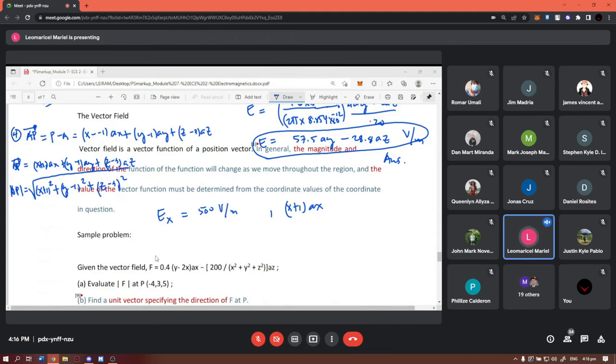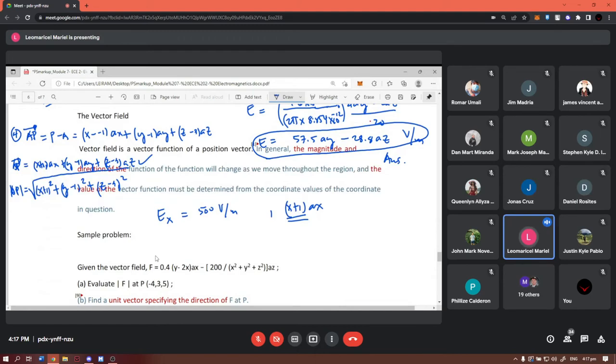Then kung susundan natin yon, kung along X component lang, ano lang yung makikita nating component ng AX mo? Ang makikita lang natin doon ay yung X plus 1 lang, di ba? Sa ating given vector kanina, ito yung total vector natin: X plus 1 AX, Y minus 1 AY, plus Z minus 3 AZ.